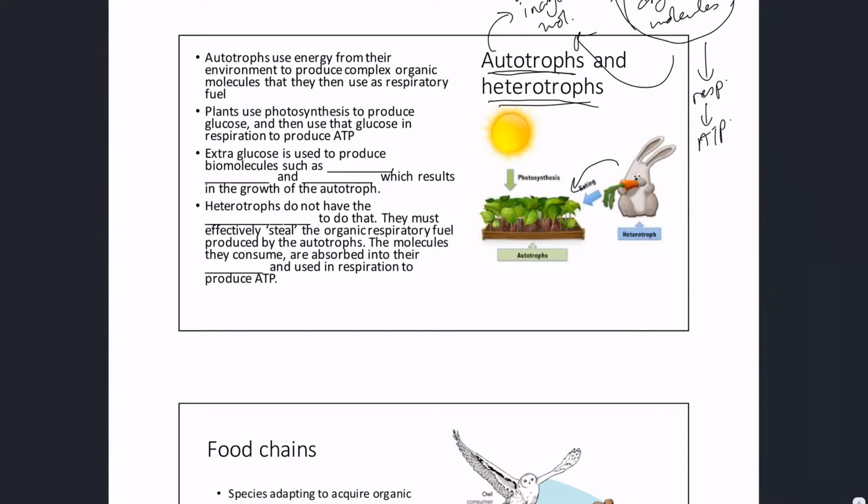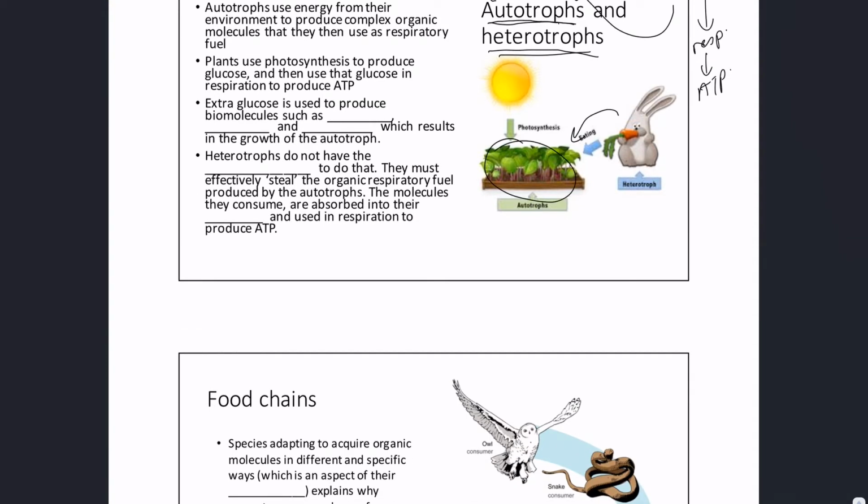So the producer is an autotroph. The producer uses some external form of energy to make complex organic molecules, and they use that for growth, whereas the heterotrophs consume those pre-made molecules without having to make them themselves. But both of those organisms need to carry out respiration to make ATP.